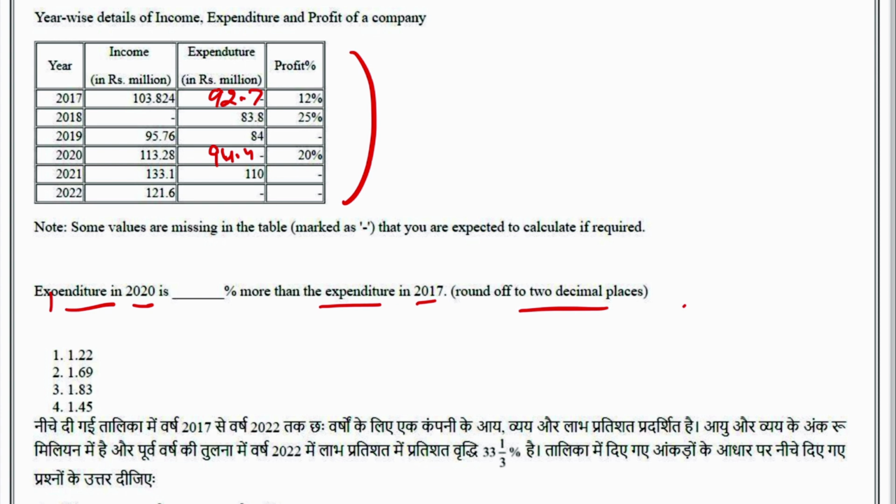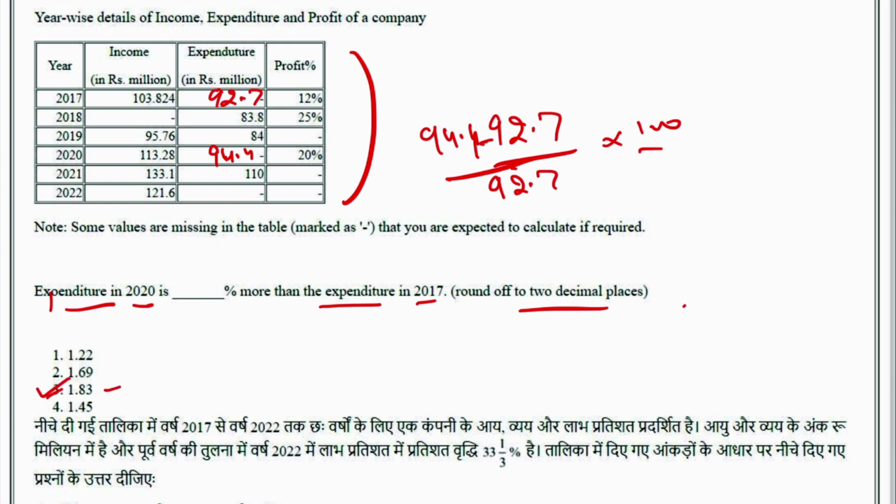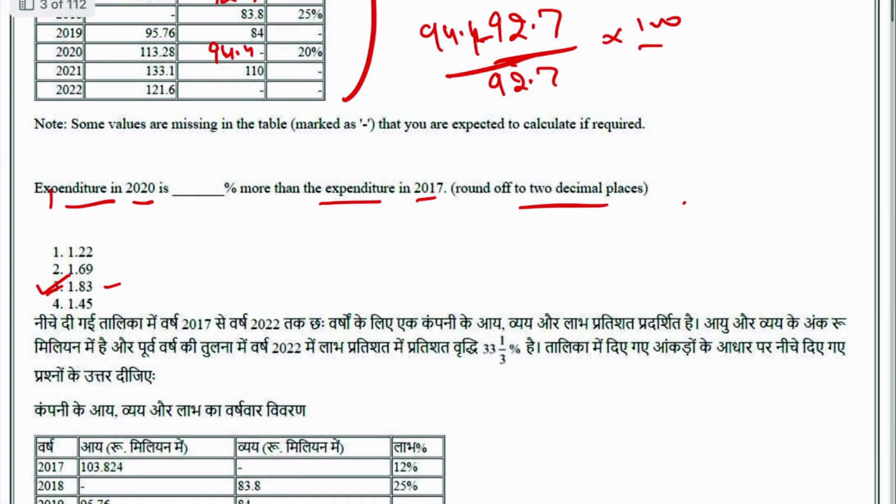So just easily make the percentage out. However, you require time to calculate because it is in decimals. So 94.4 minus 92.7, divided by 92.7, into 100, so we'll get the percentage 1.83. So 3 will be the answer.